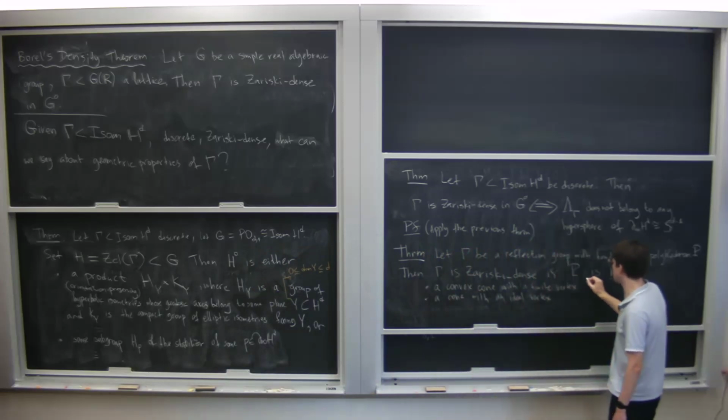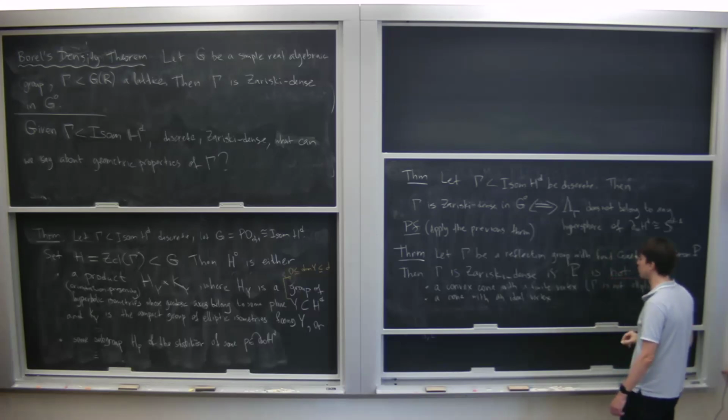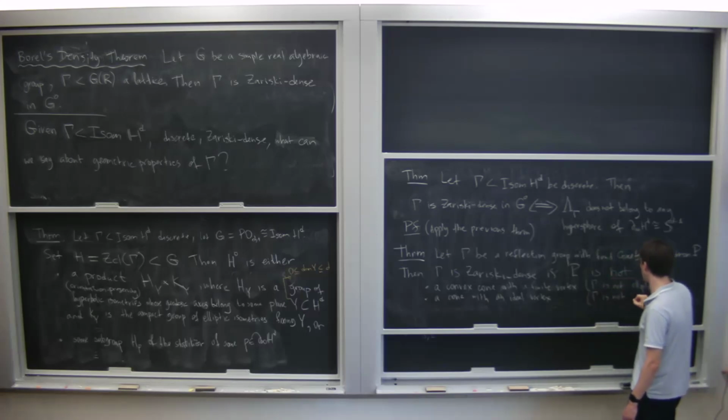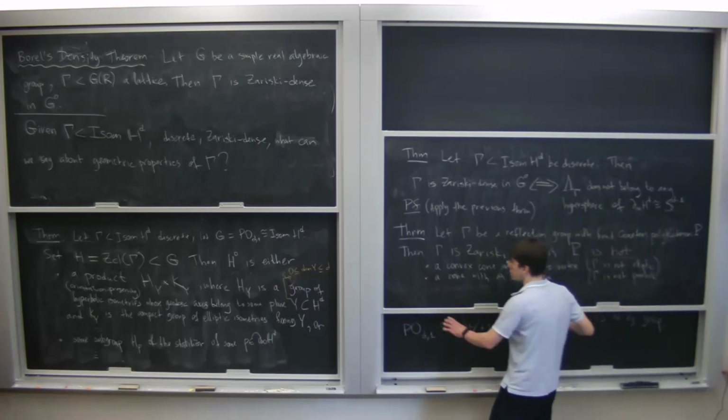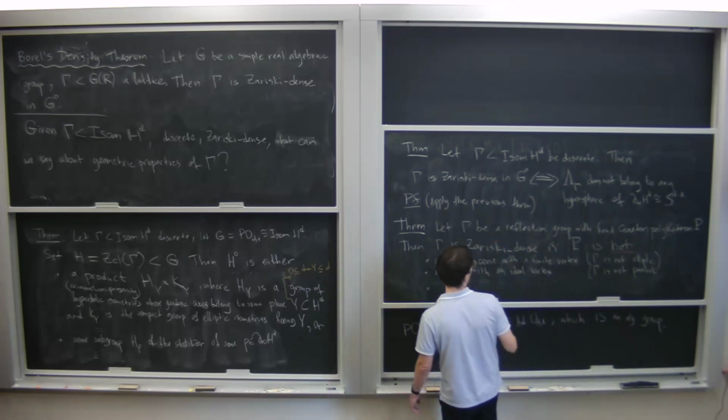In this case, this means that Gamma is not an elliptic Coxeter group. This means that Gamma is not a parabolic Coxeter group or an affine Coxeter group. And the third, that it is not a degenerate polyhedron.